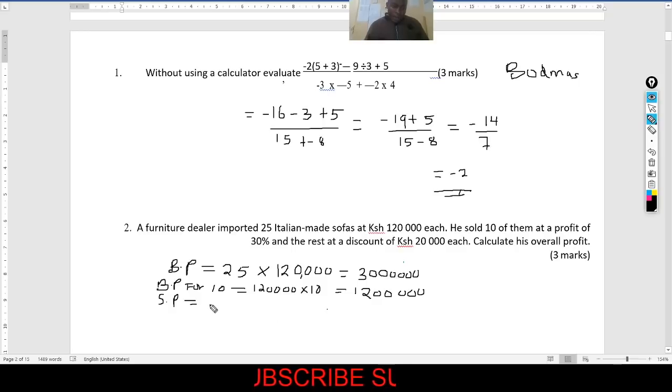Then the total selling price: it is the profit that he made here, that is 130 out of 100 times 1,200,000, because he made a profit of 30%.